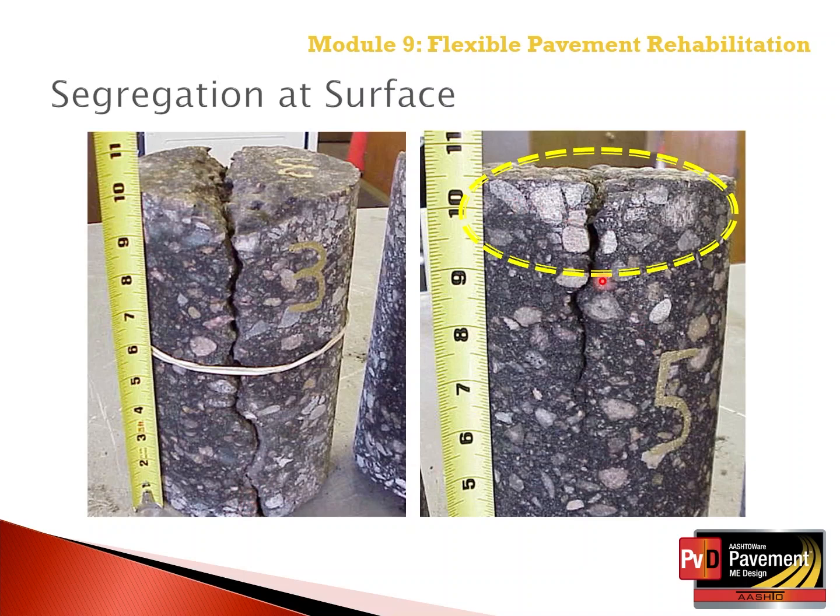This is another core from another project which has segregation, longitudinal segregation at the surface, which caused top-down cracking, but the top-down cracking goes to a maximum of about 3 inches.